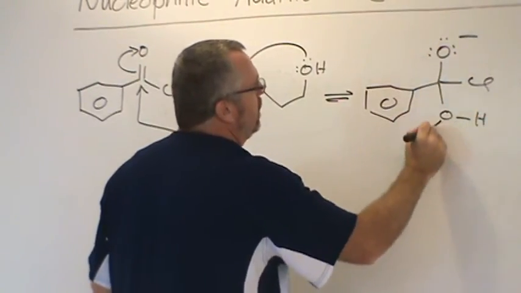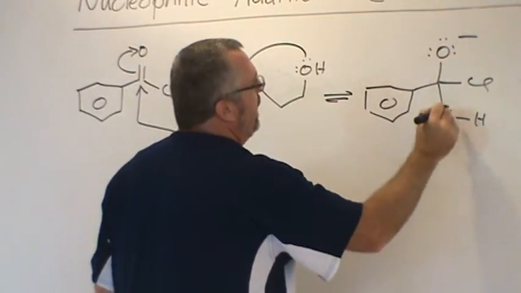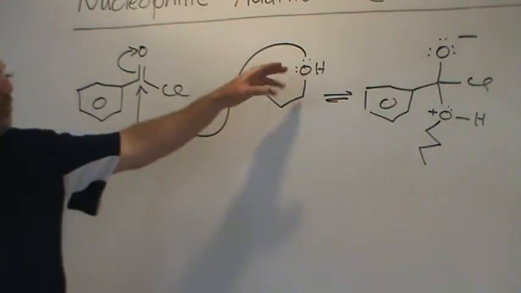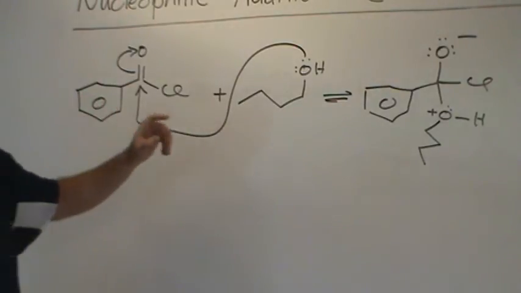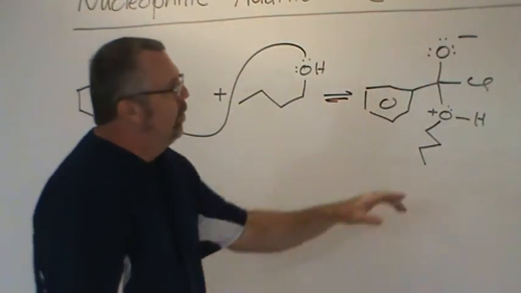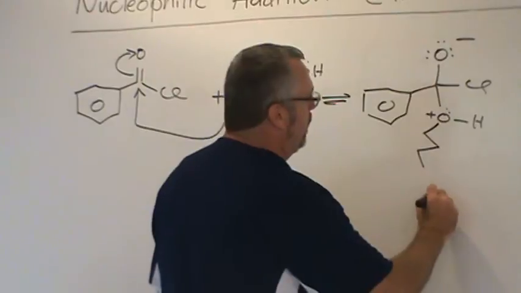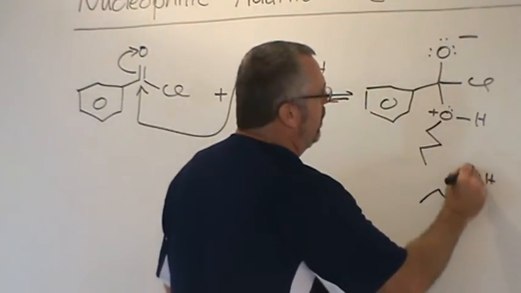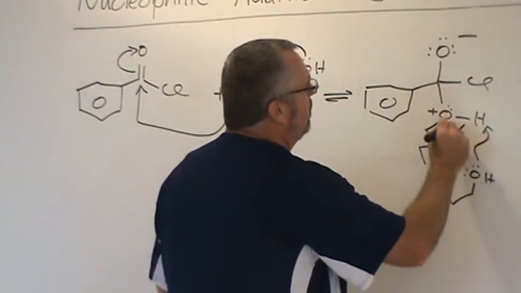Here's the alcohol that's just added in. Notice that it started out with 2 lone pairs, but one of those is gone because it went to form the new carbon-oxygen bond right there. Once again, we've got an oxonium ion, so we're going to want to bring in another equivalent of alcohol to soak up the acidic proton.